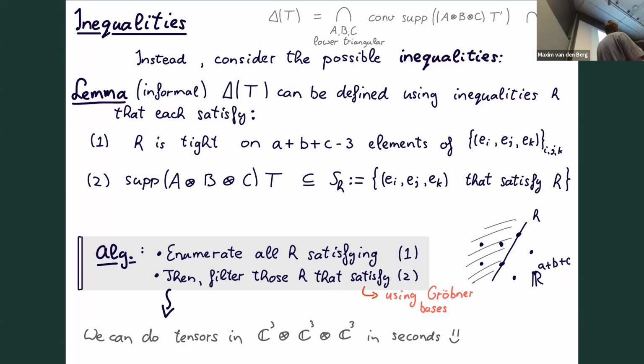Then computing the polytope for specific tensors can take up to 20 minutes. But for the major applications I get to later, it's only about 5 minutes. Is it on a supercomputer as well? No, I forgot to say, this algorithm just runs on my laptop. After the seconds, it's just on my laptop.